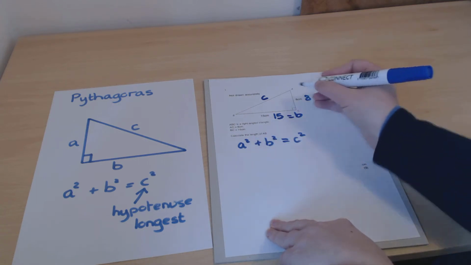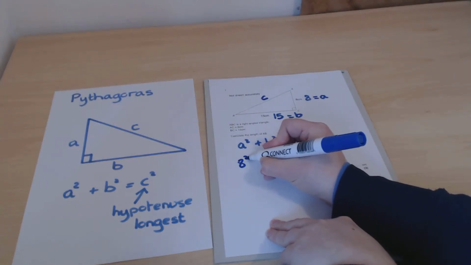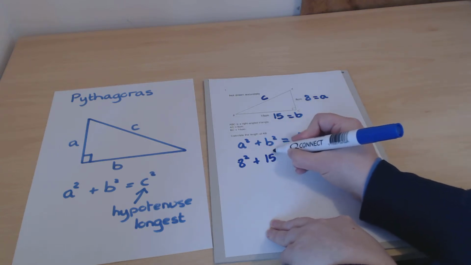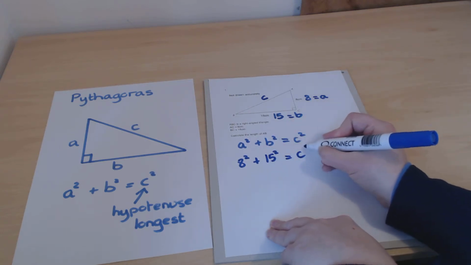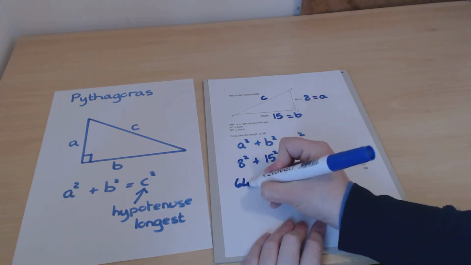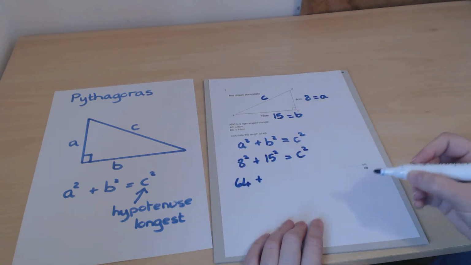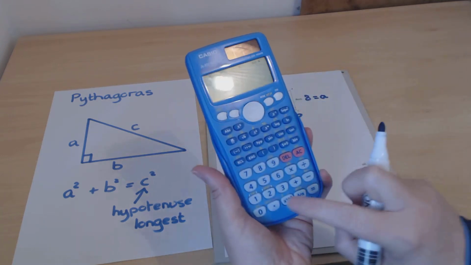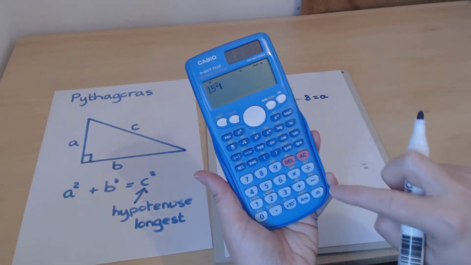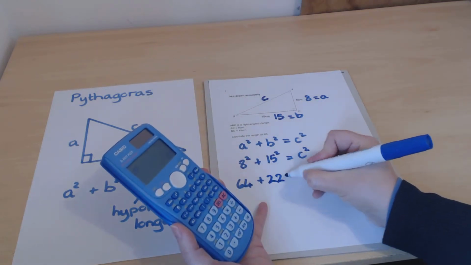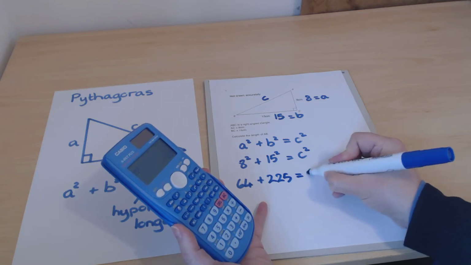So let's put those into our formula. A I've called 8, so that's 8 squared plus B, which is 15, so 15 squared equals C squared. So 8 squared is 64, and 15 squared is, well, let's just double check it there, but I'm fairly certain it's 225. And that equals C squared.